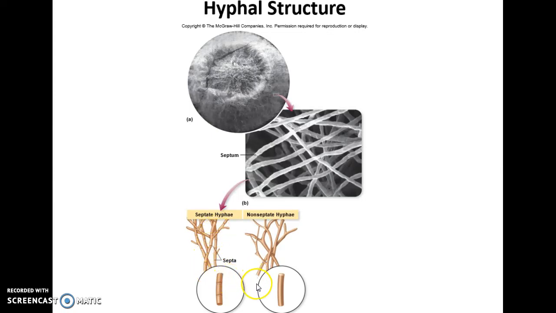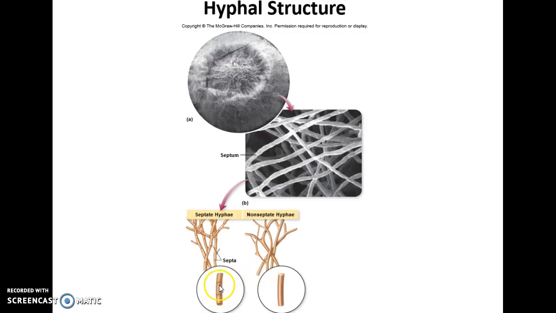The non-septate hyphae don't have the cross wall, and so it just looks like one continuous filament, and then you will randomly find nuclei throughout that. Right, it's kind of hard to explain.